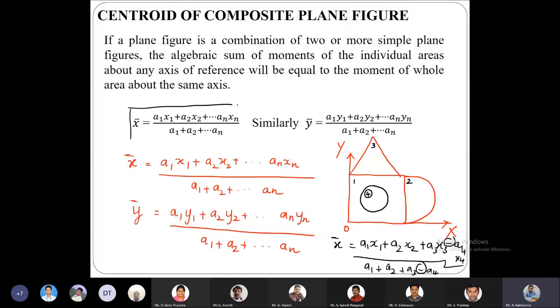We have the dimensions as 6 centimeters and then 2 centimeters. Similarly here we have 2 centimeters, and along the y direction we have 8 centimeters.